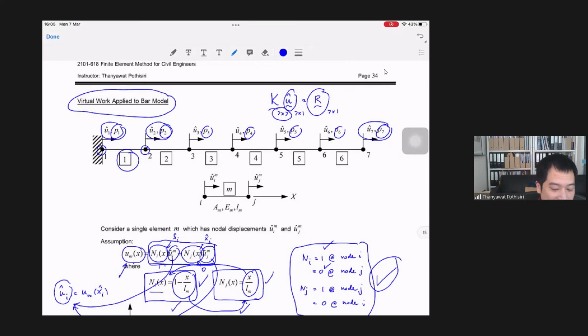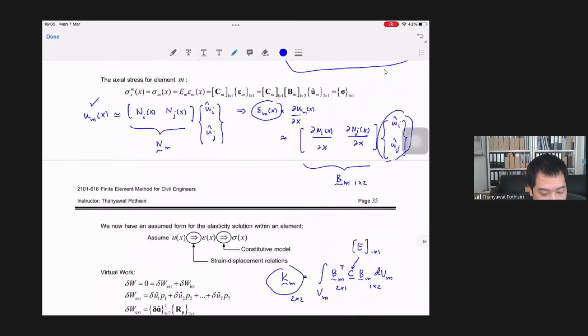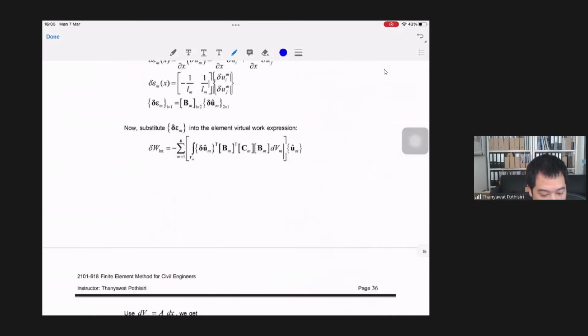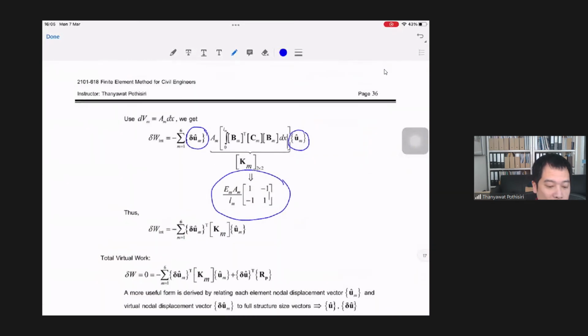But now, because we have a 2-by-2 matrix for each element, the question is, how can we construct the stiffness equation for the structure based on the element stiffness matrix?